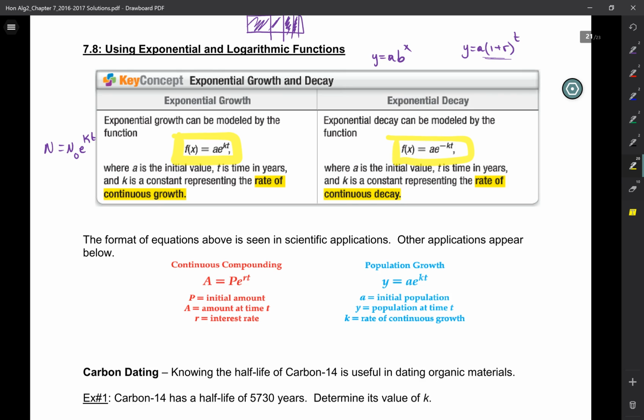It's just this, a e to the kt, and if it's exponential growth, k is just a positive number. If it's exponential decay, k is just a negative number. That's how we do it. That's how grown-ups do it. That's how we're going to do it. There's no reason to overcomplicate things with two different formulas. It's the same thing.